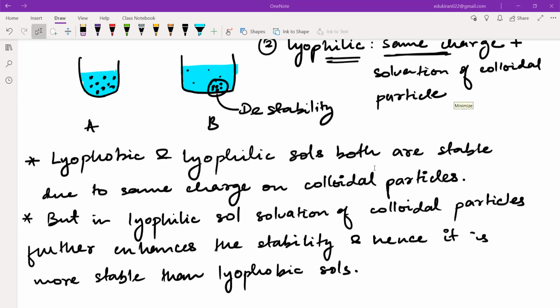Waiting for Fatima, Faisal, and Sania. Okay, Fatima is also done. Just waiting for Faisal now. Oh, Faisal got disconnected.